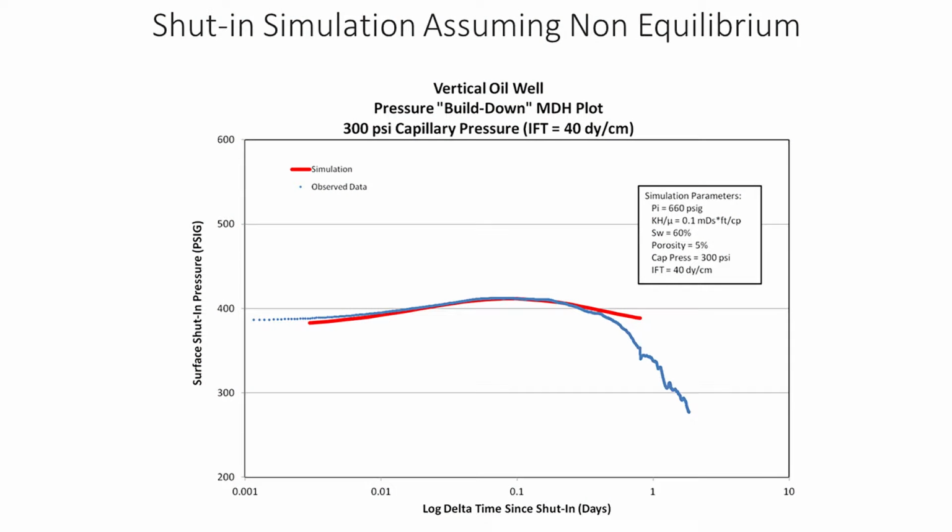Now, the problem with this particular algorithm is that it assumes a single diameter capillary tube. And so in late time, as more and more pore networks start imbibing fluid, you can see the breakdown in the correlation, but it's a very good match while we're just imbibing water into a single tube.